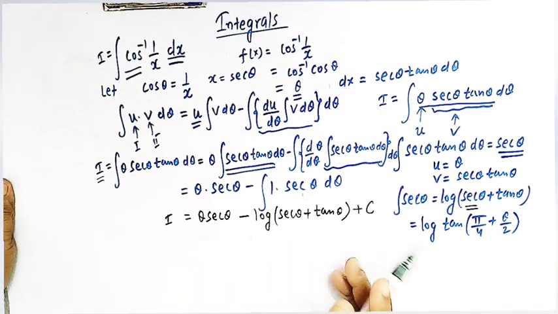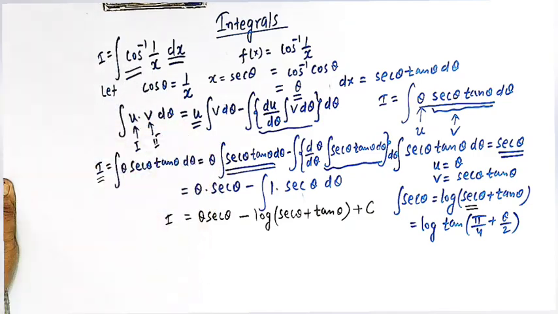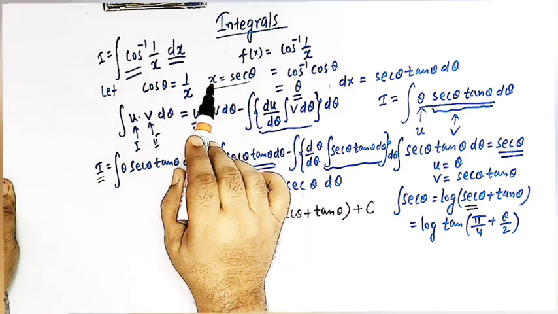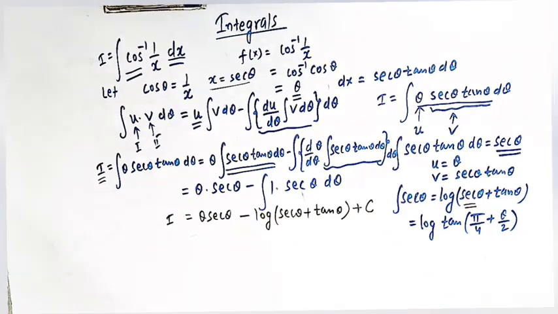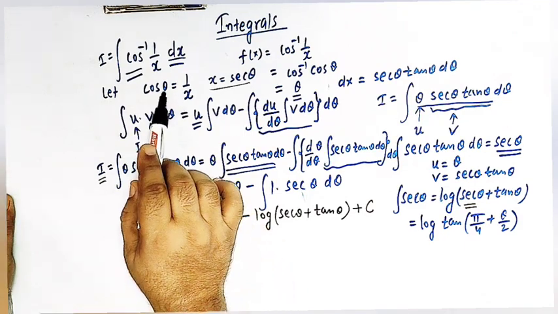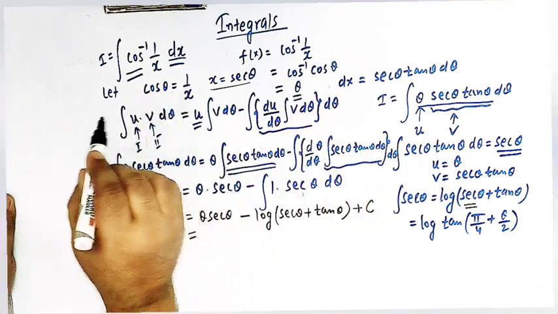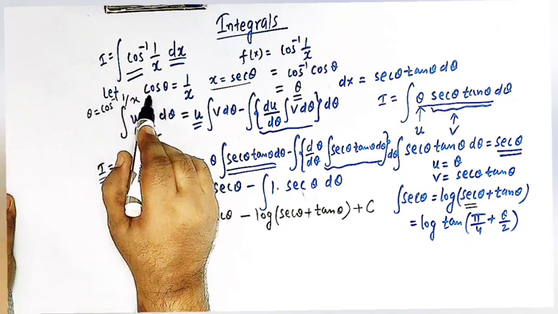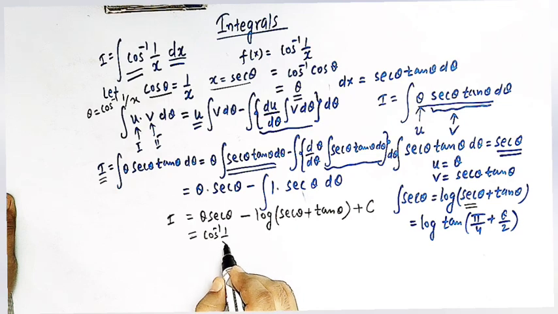So now this result is in terms of theta, but our original integral was in terms of x. So let us convert this result in terms of x by using this result, that is x is equal to secant theta. So for theta, we can write theta is equal to cos inverse of x, because cos theta is equal to 1 over x. So theta is cos inverse of 1 over x, right?